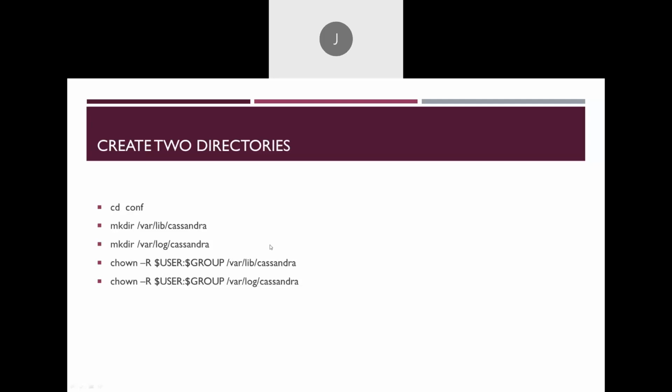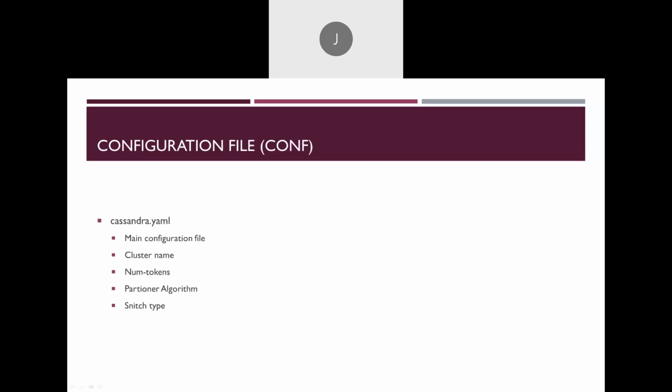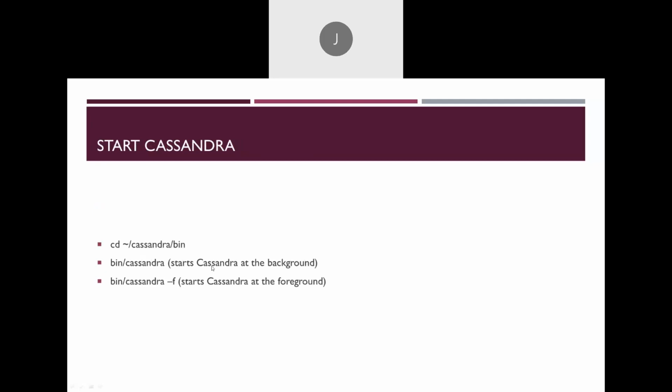Okay, and there is a main configuration file. We will see what it contains and about starting Cassandra. Okay, Cassandra starting, and then CQL, where you can write your commands. That is like your user interface. That also we will start.